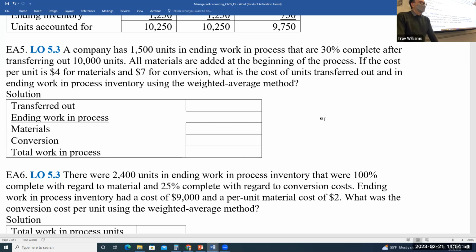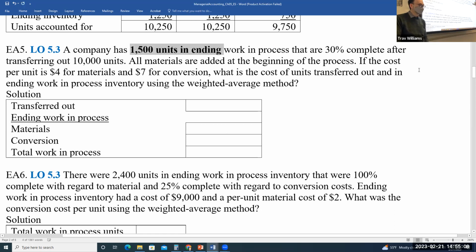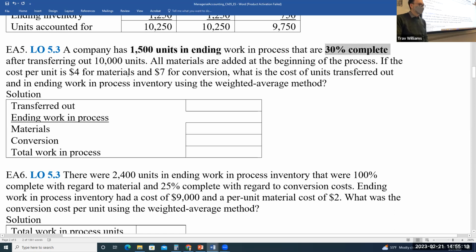Okay, number 5. 1,500 units in ending work in process, 30% complete. Transferred out 10,000 units.